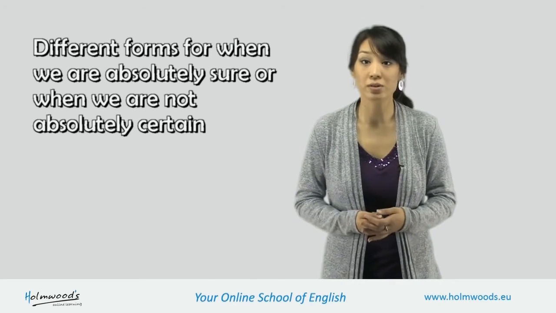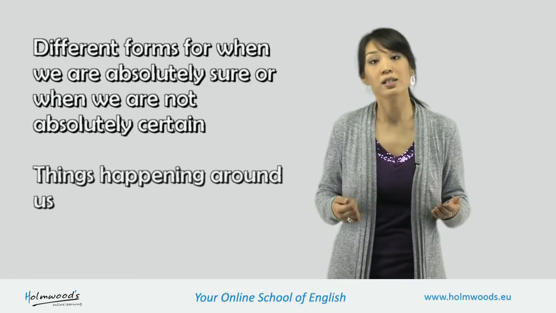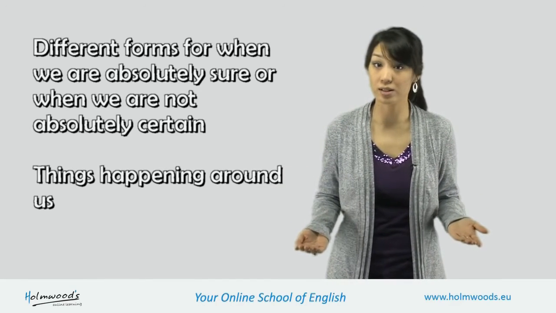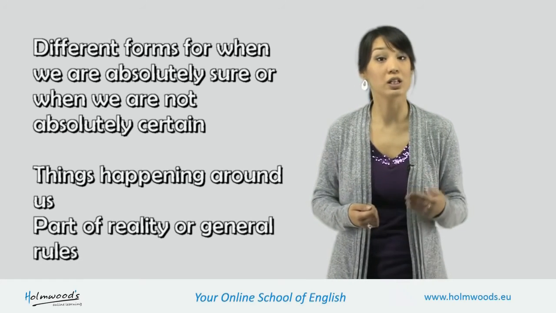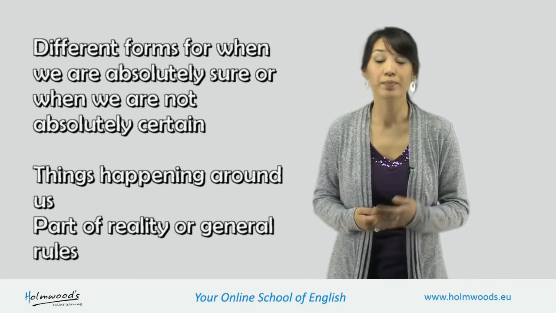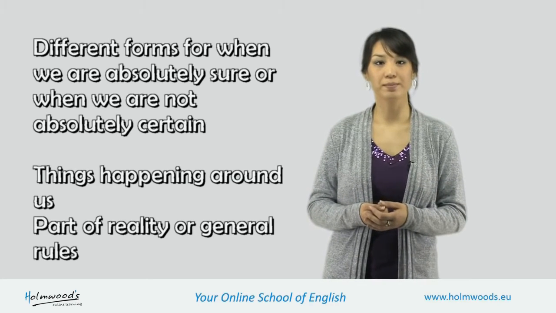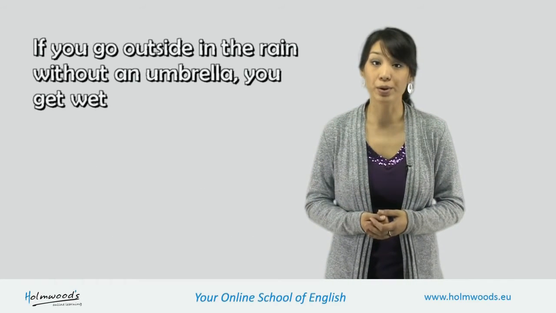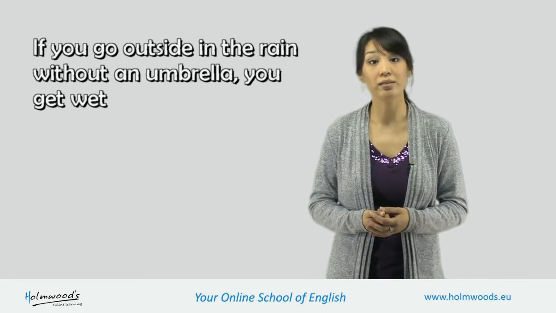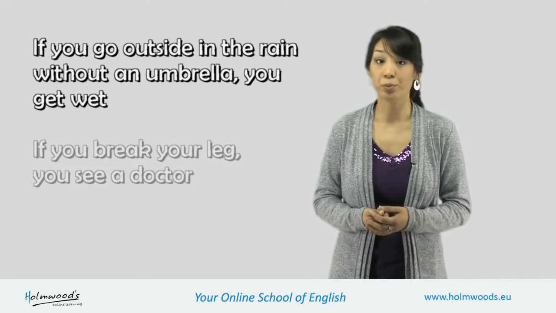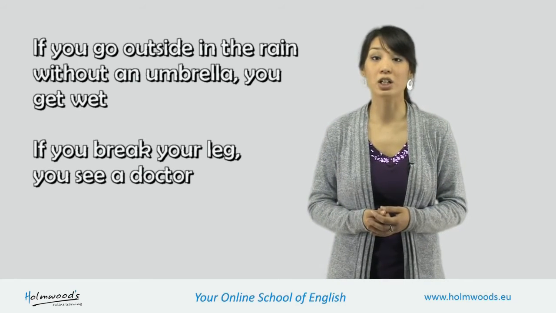We often use this to talk about things that are happening around us. They are part of reality or general rules. Here are some examples. If you go outside in the rain without an umbrella, you get wet. If you break your leg, you see a doctor.